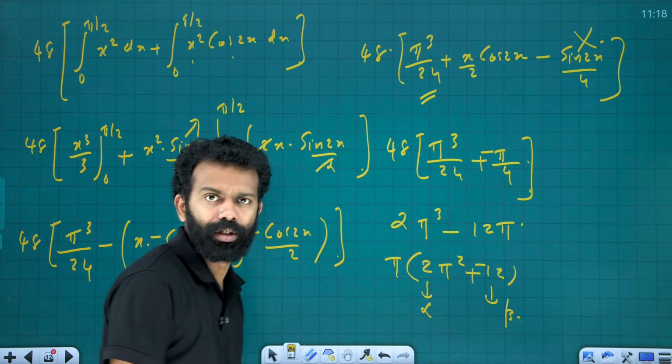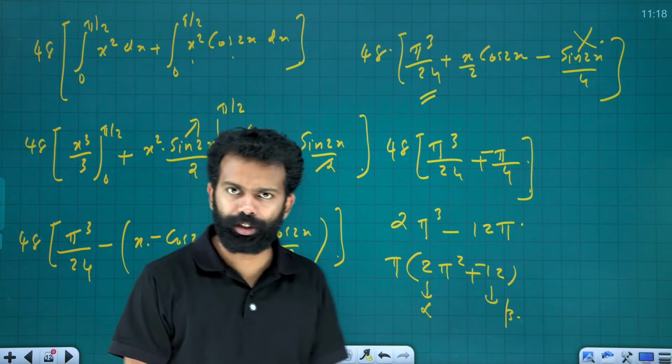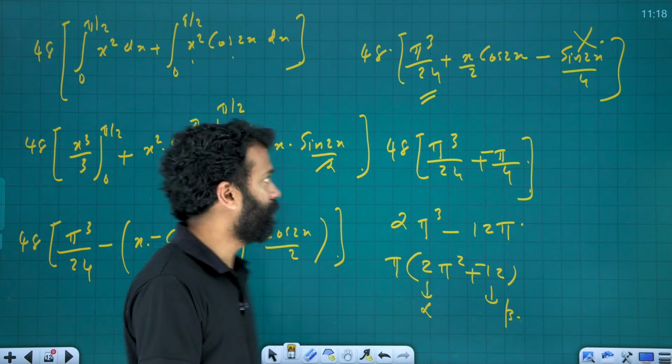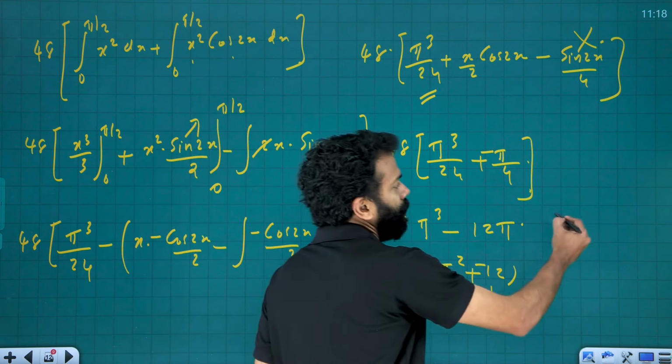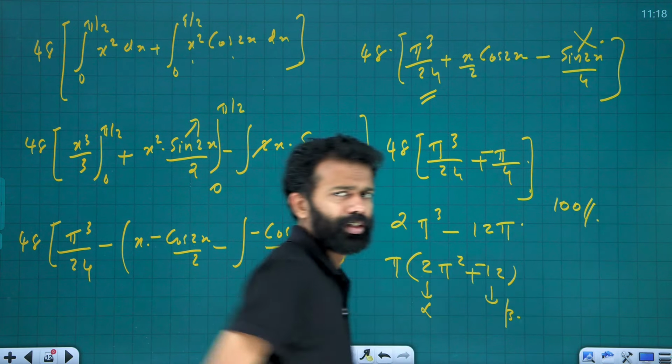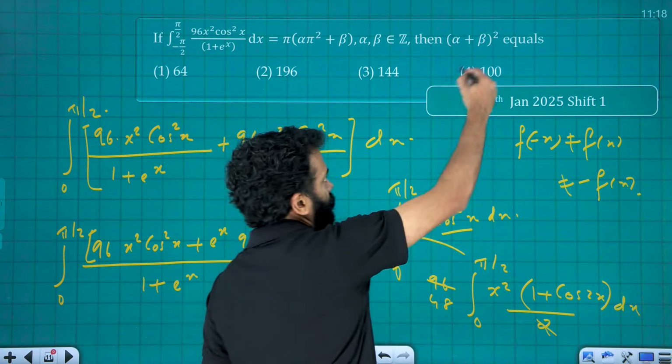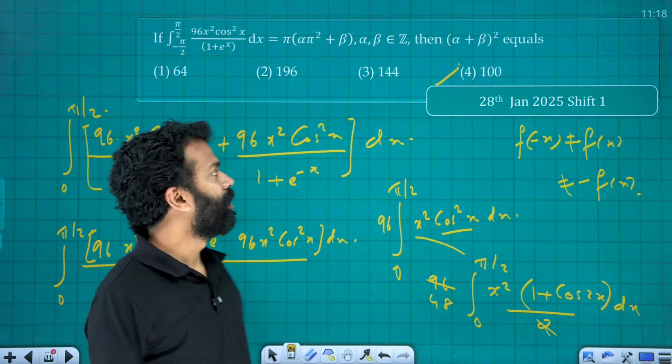Therefore, what is alpha plus beta? Alpha plus beta is 2 plus minus 12, that is minus 10. And what is the square of alpha plus beta? That is 100. That is what we need to find here. Therefore, the value is 100. Very easy one. Yes, the fourth option is the correct one. So done. Next one.